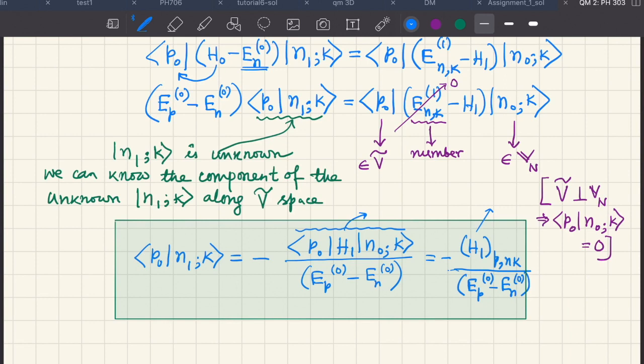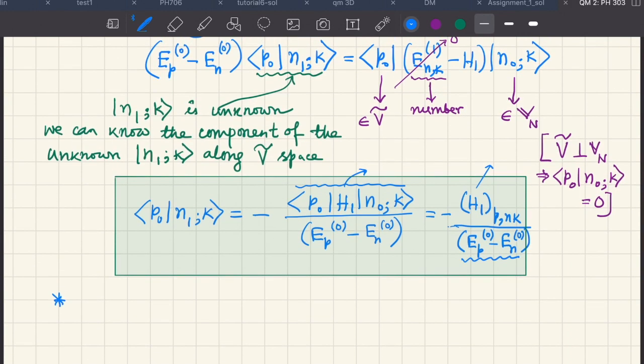Now note one thing also, the factor E_P^0 minus E_n^0 is non-zero. This is important and this is also required, because if this is 0 then we are in trouble. So the factor E_P^0 minus E_n^0 is non-zero. Why is it non-zero?